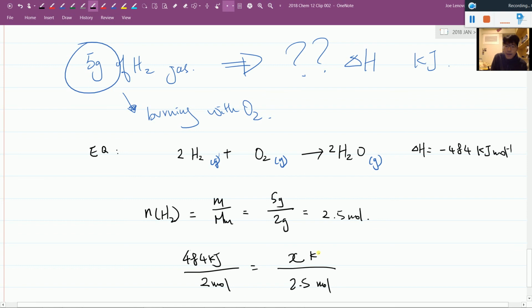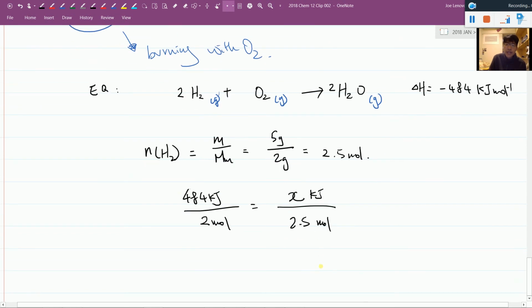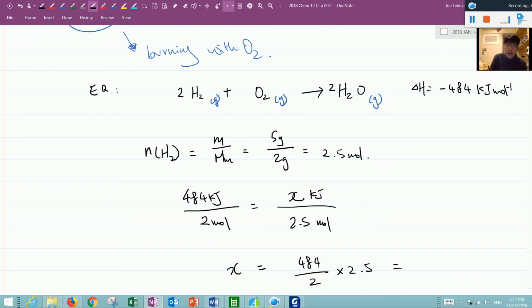This is the very basic equation you can do. Rearrange it. X is equal to 404 divided by 2 times 2.5.